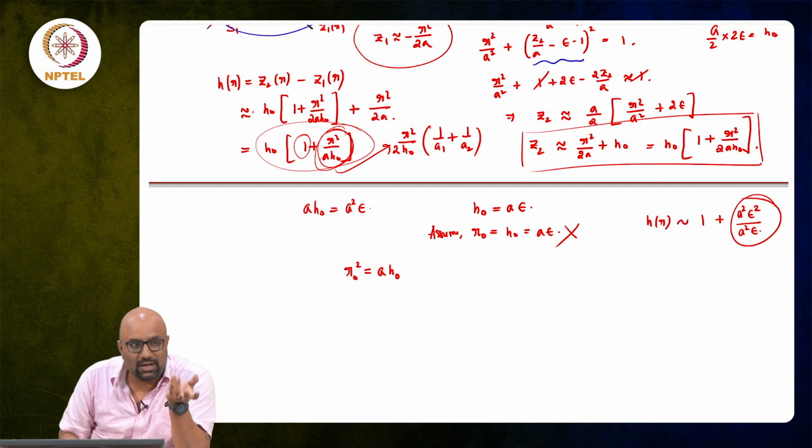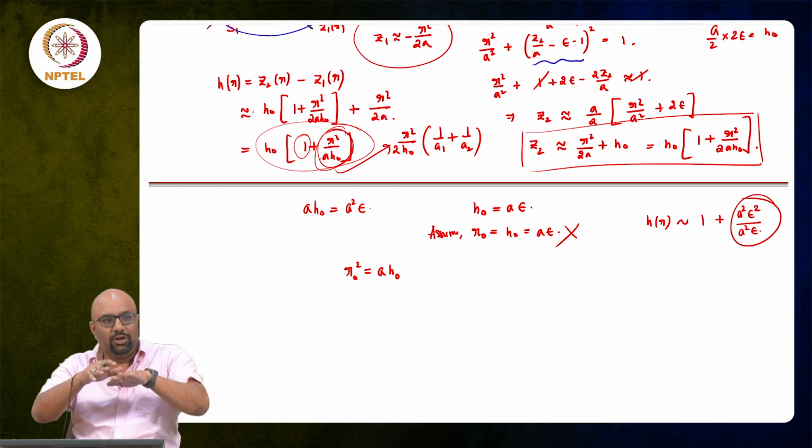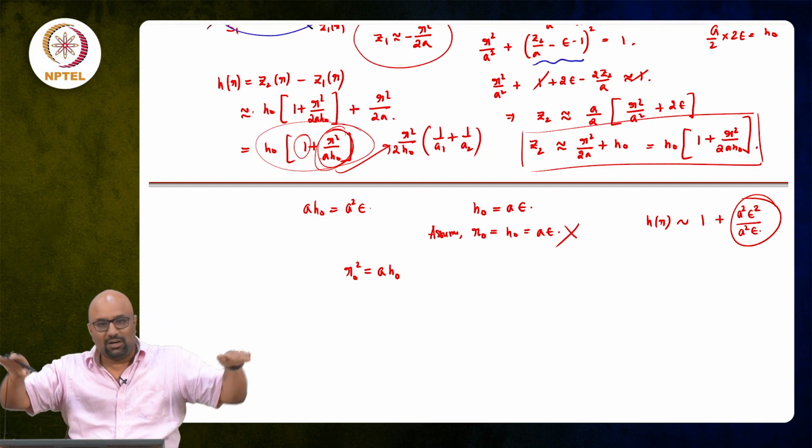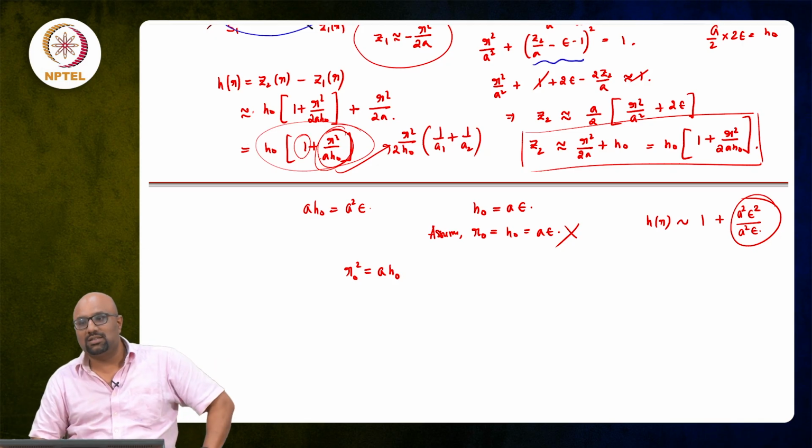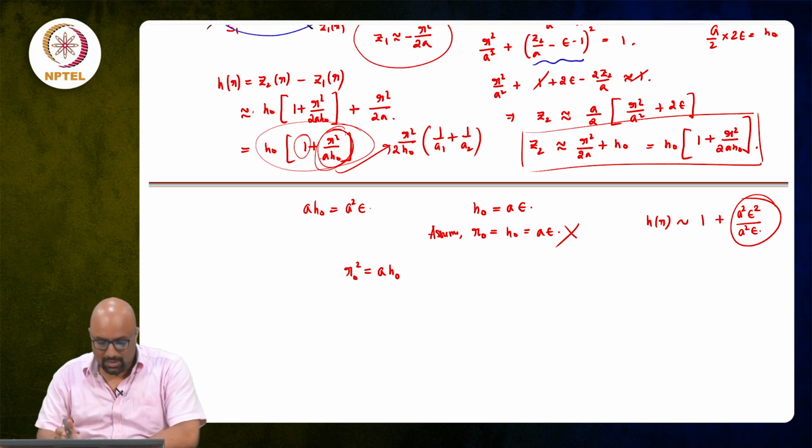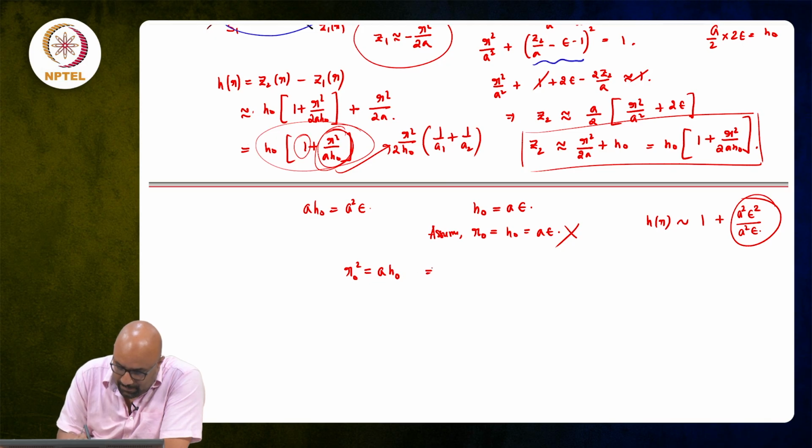So, if I want that curvature term, I cannot be choosing the same scale in the radial direction as I choose in the vertical direction or normal direction. Otherwise, instead of a curved surface, it is going to model the surface as a flat surface. So, if you do that, then your R naught is A root over epsilon.